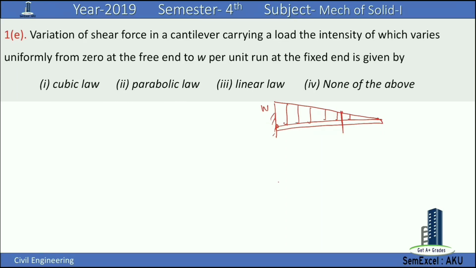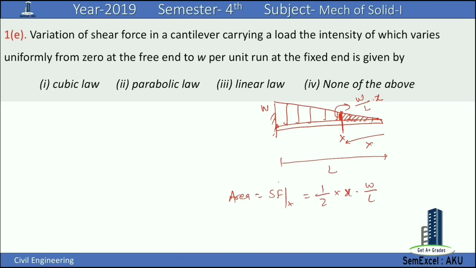So shear force on a section X can be represented as the area of this load. Let's say there is a section X, so this ordinate can be written as W by L into X, suppose this length is L. The shear force at X will be equal to half into base length into height, which is 1 by 2L W x square, right?